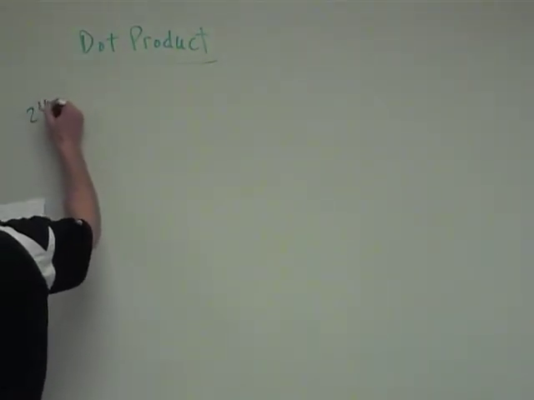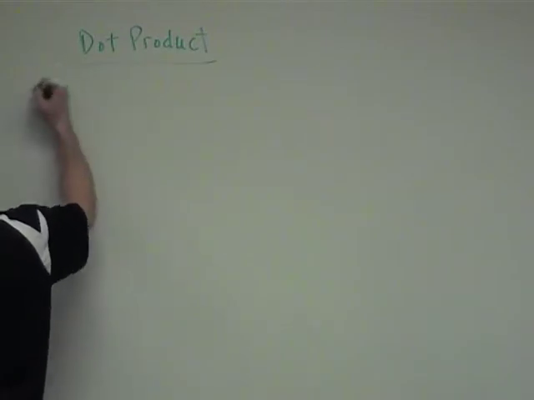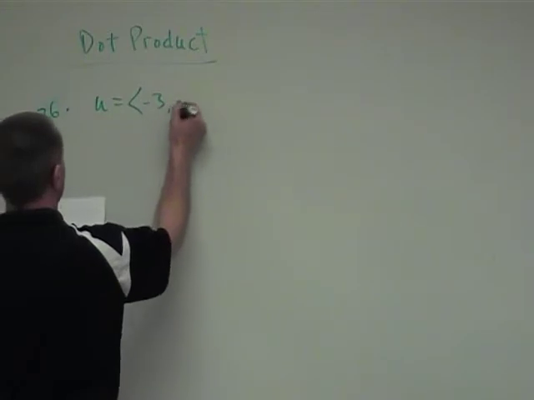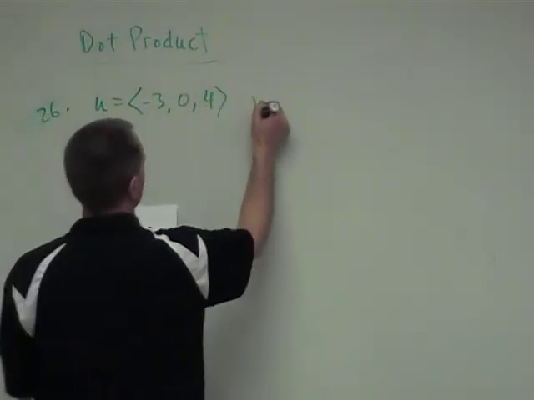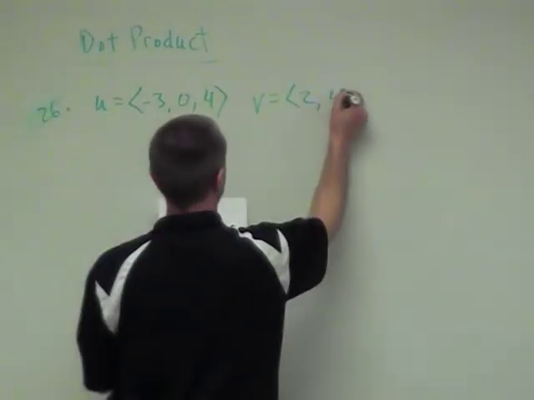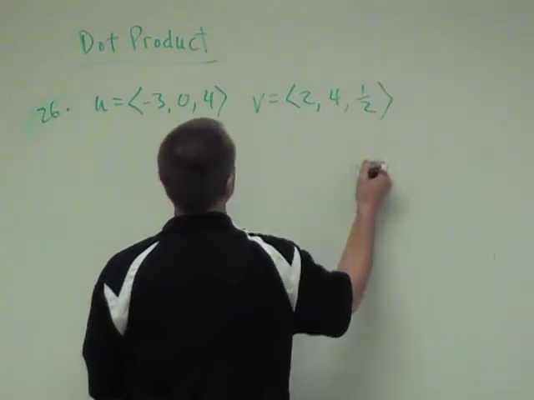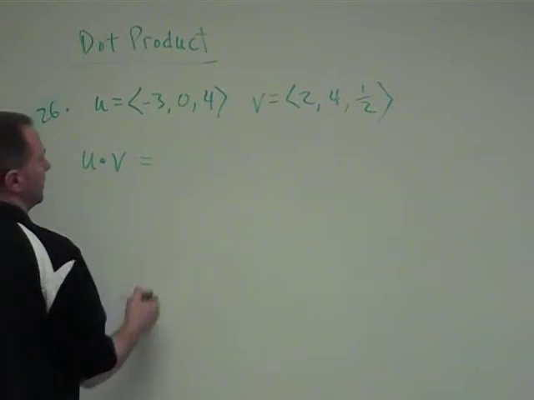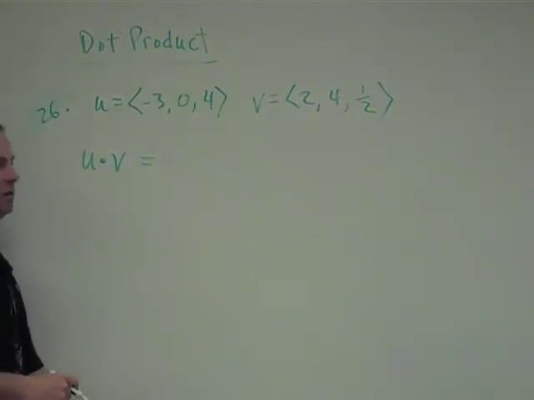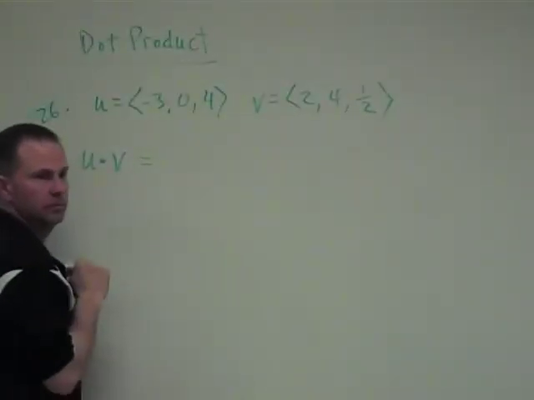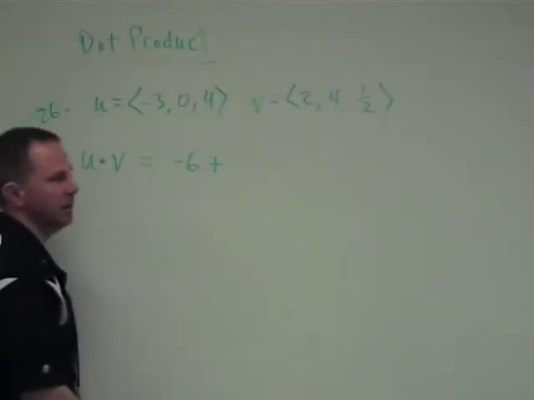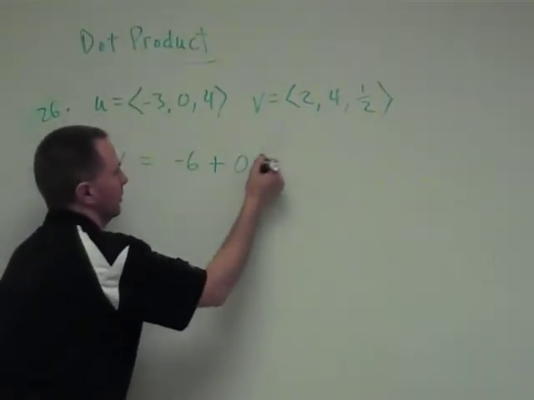So this is number 26. U is negative 3, 0, 4. V is 2, 4, 1/2. So if we do the dot product, multiply the entries. Negative 3 times 2 is negative 6. And you add. 0 times 4 is 0.